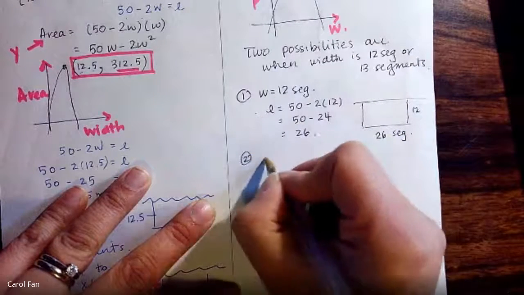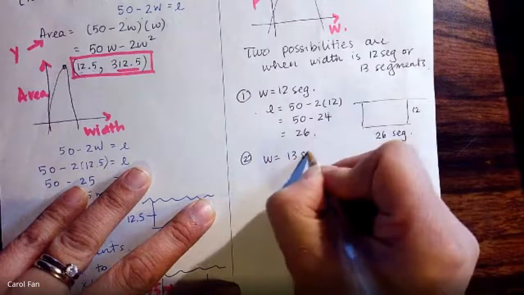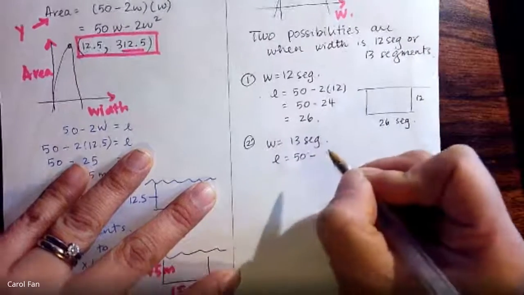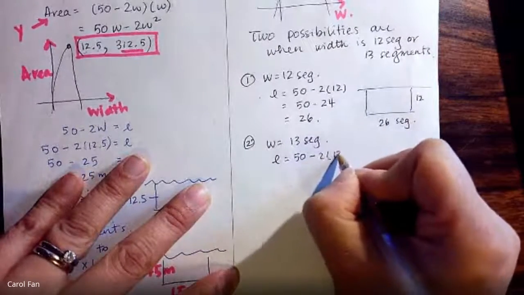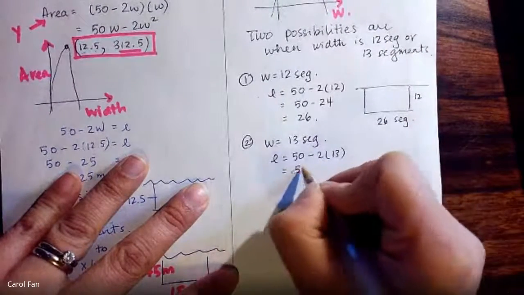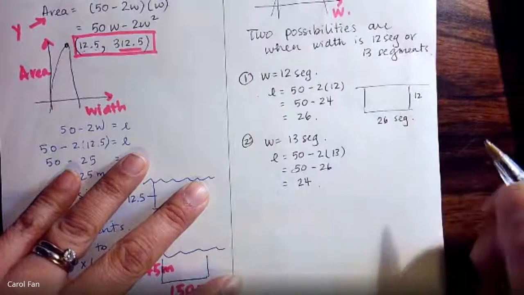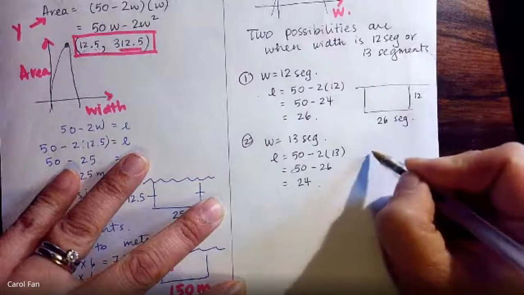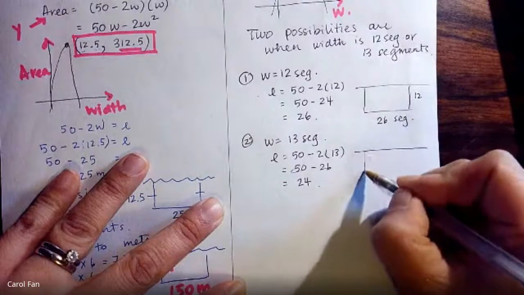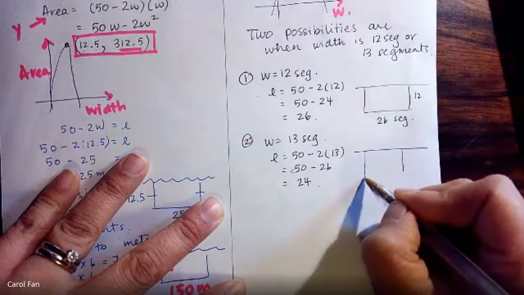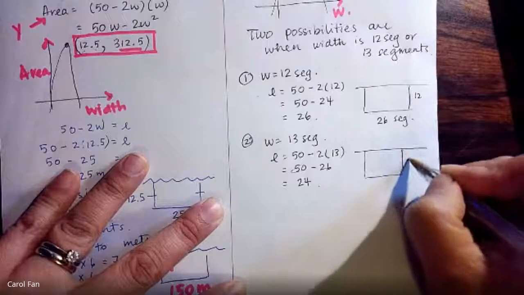Our second option is when width is equal to 13 segments. I would have L is equal to 50 minus 2 times 13. 50 minus 26, we have length as 24. So the other option, I could have a shorter length, but slightly longer width.